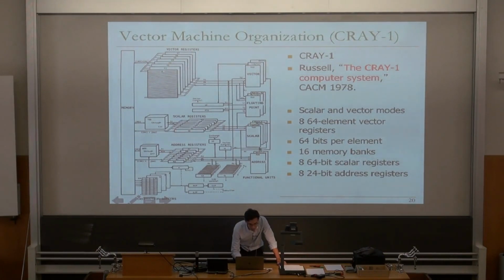We also have some scalar units, because even though this is a vector machine, it's good to have scalar processors, because that's something that we already mentioned. For sequential computation, for scalar computation, the vector processors are not good, so it's still good to have some cores or some processing units that can execute scalar operations. And here on the right you have the memory. That actually is a memory with 16 banks. We will go into the details later.